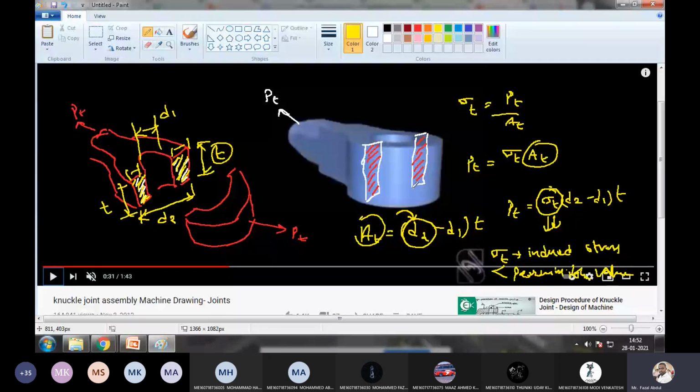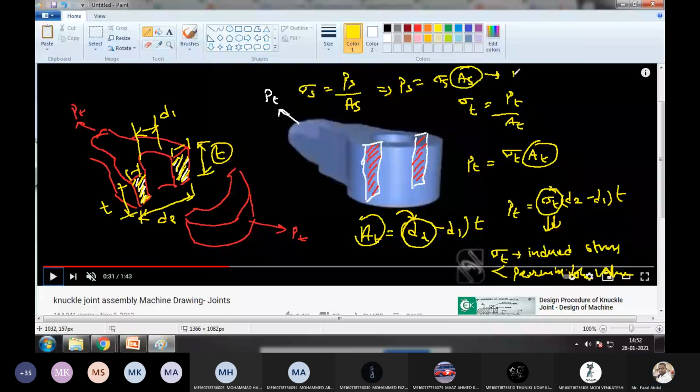Shear means the same failure areas we have to consider, but the respective shear stress equals shear load by shear failure area. So this equation becomes Ps equal sigma s into As. So what is the area here? Here also the same area we have to take, that is D2 minus D1 into t.